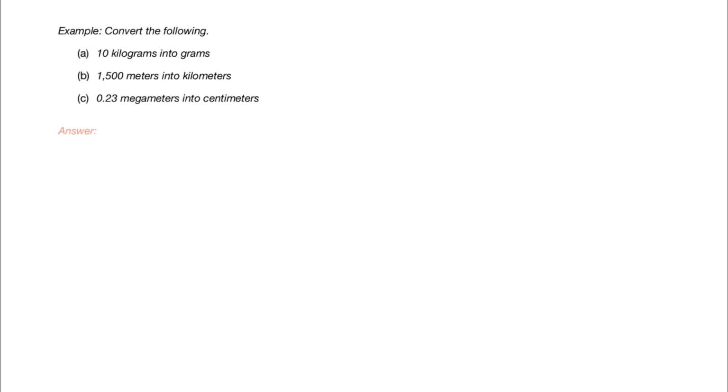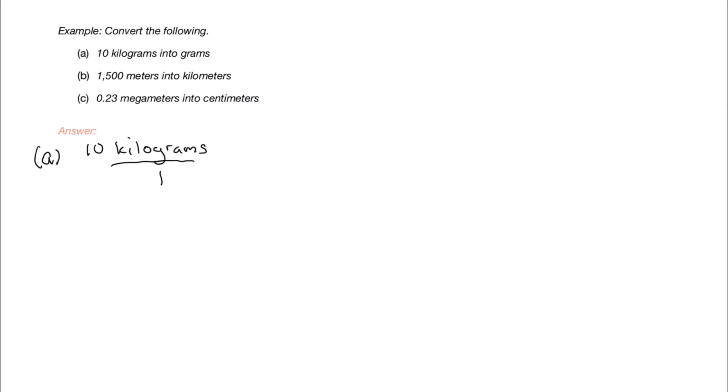Let's practice some conversions using prefixes. In this first example, we're being asked to convert 10 kilograms into grams. The method we're going to use is called the box method. The box method always starts by writing what we're given, in this case 10 kilograms, over the number 1. We now need to figure out what to convert to get it to grams. In order to do this, we look in our table to find the relevant conversion.